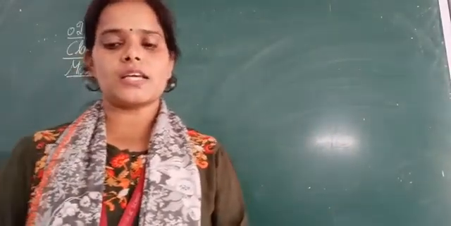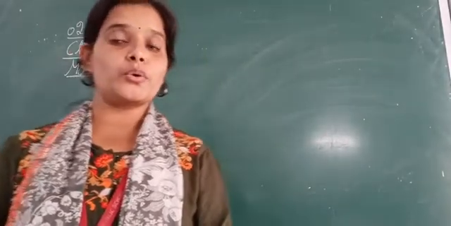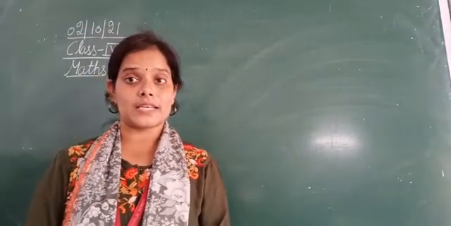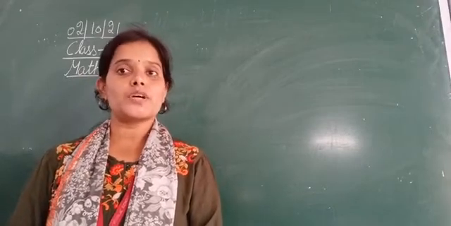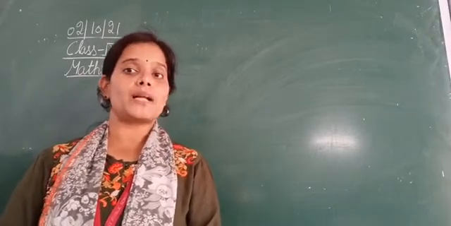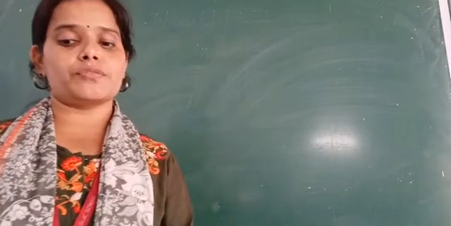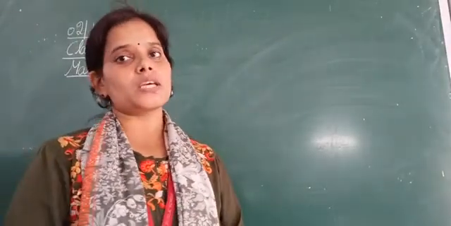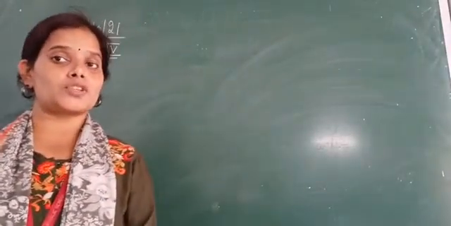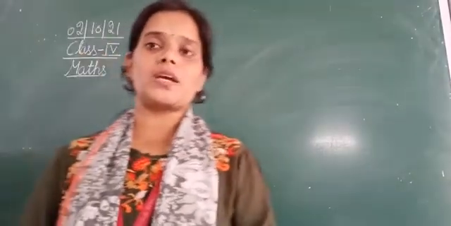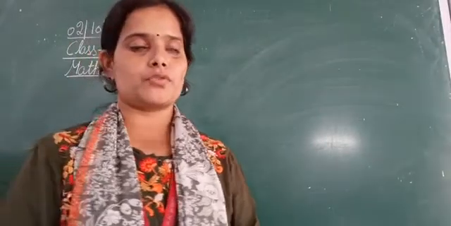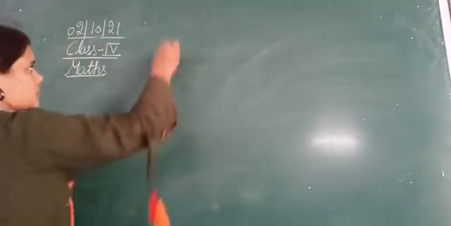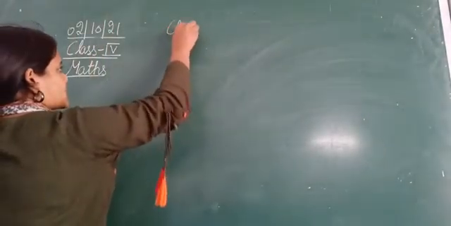So class, in the last session, as you all know, we were on exercise 9.3, in which we were discussing the word problems related to the multiplication and division of money. Today, in this session, I am going to continue with the same topic, the same exercise 9.3, with a few further sums.